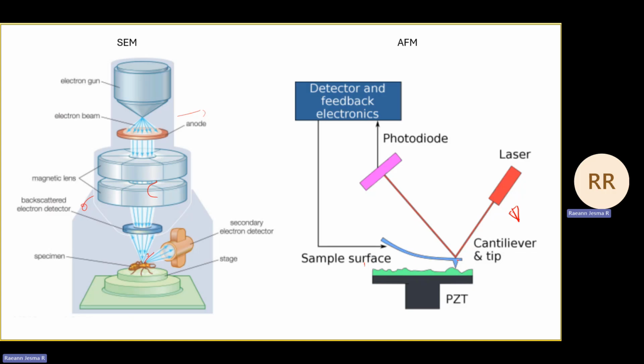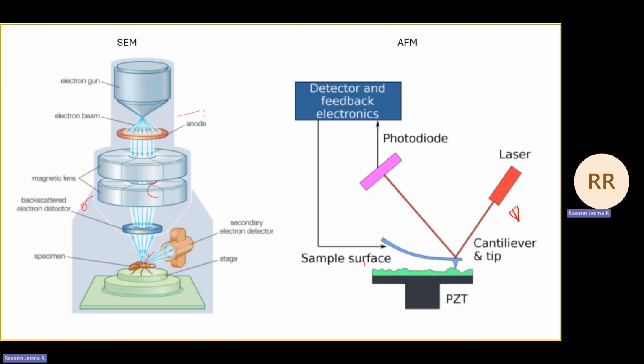So this will cause the cantilever also to move up or down depending on how it moves. By scanning a laser at the edge of the cantilever, and by sensing the reflected light using a photodiode, we can determine the displacement of this cantilever as it moves across the sample. So by that we can find out the roughness of the sample, as well as the topography.